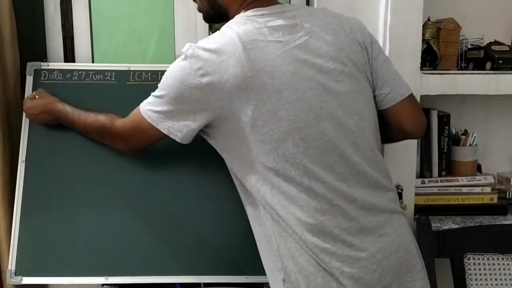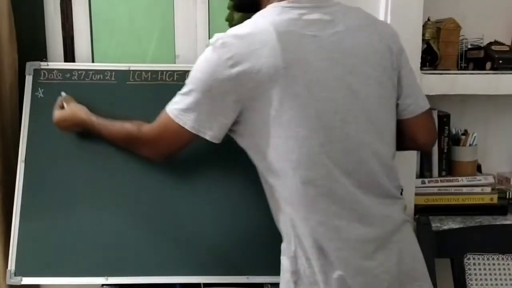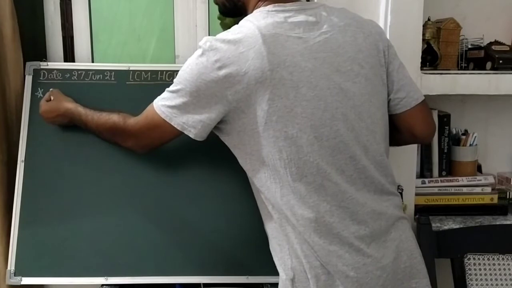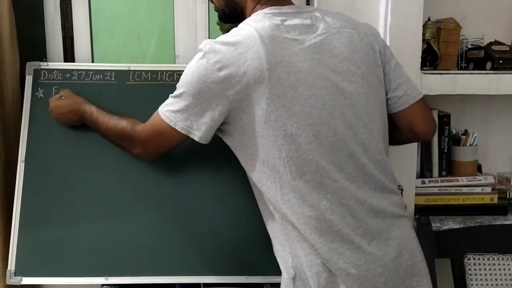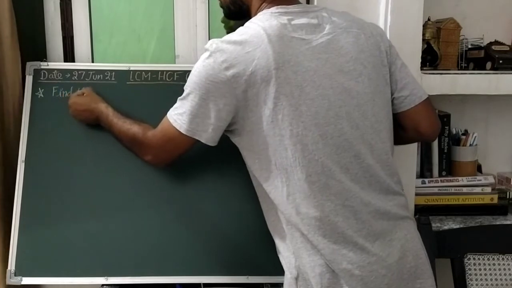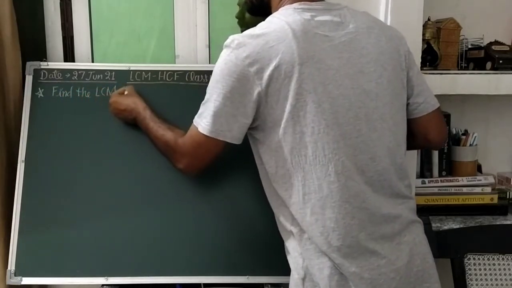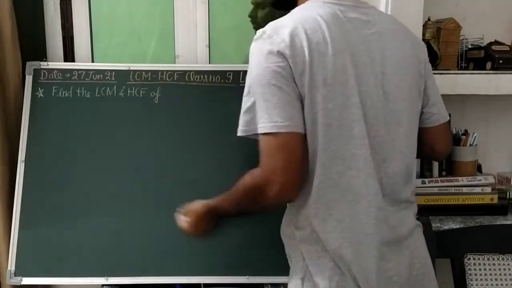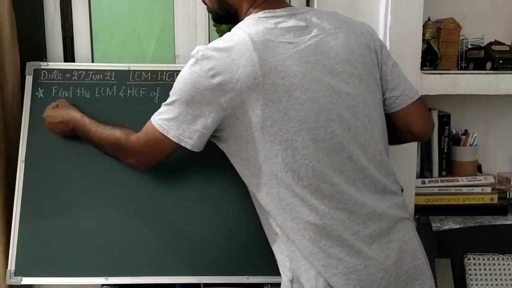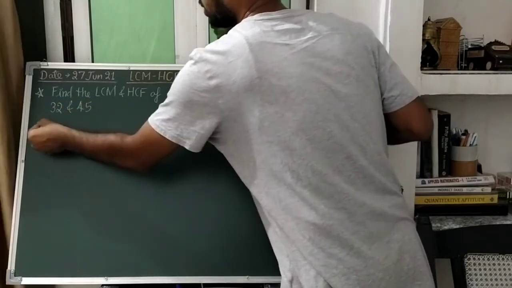So students, in the earlier class I selected one problem, that is, find the LCM and SCF of 32 and 45.